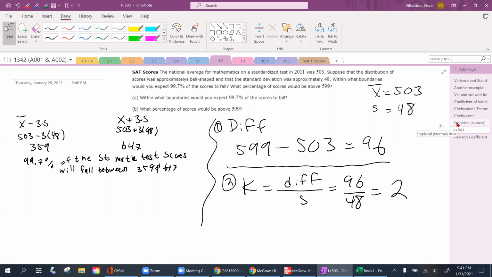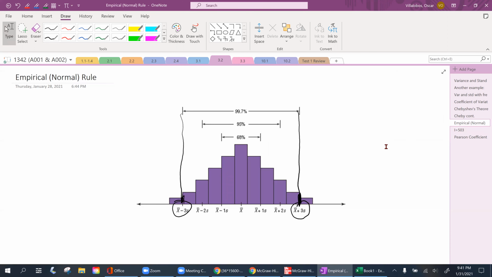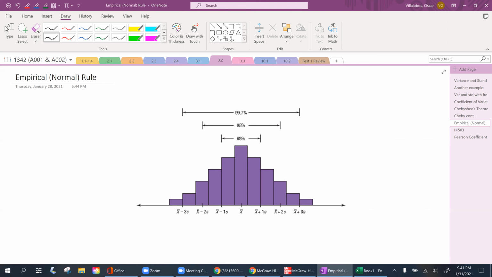Let's go ahead and get the chart. This one right here. If it's 2 standard deviations, that means 599 will be right there, and everything is engulfed within these 2 points.